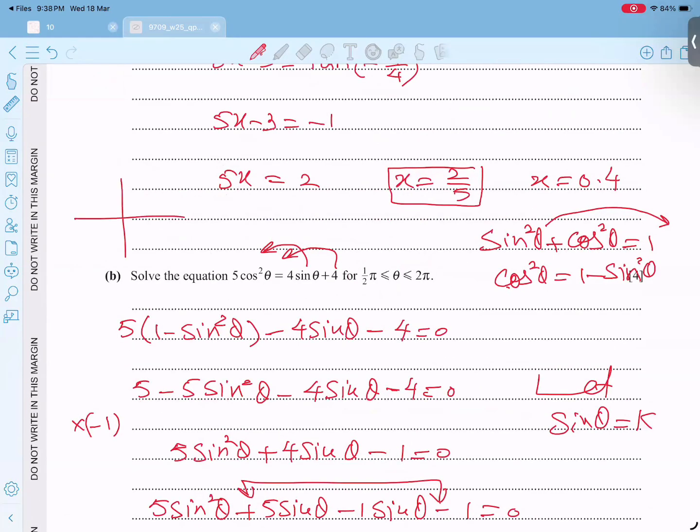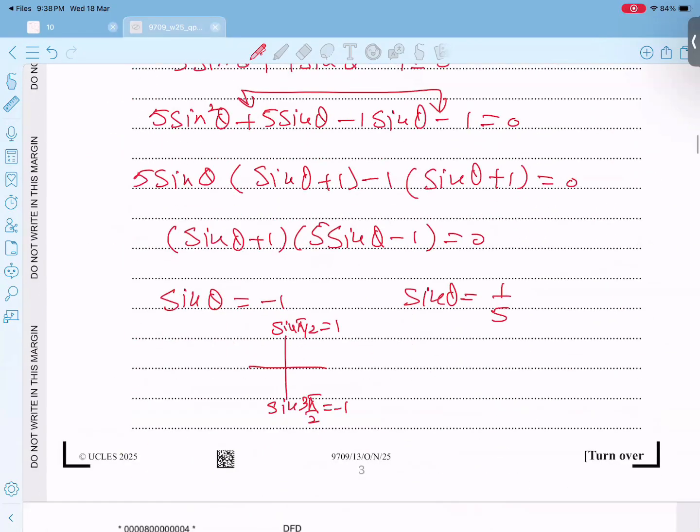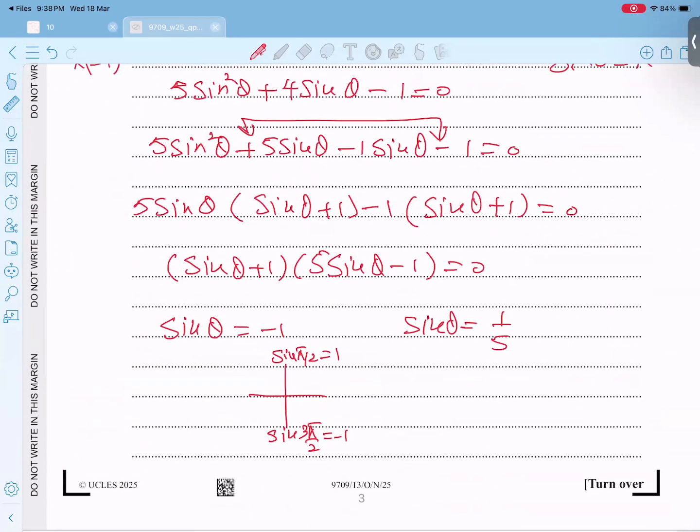Positive pi by 2 is here. What is 2 pi? 2 pi is this. It means from here till here we can have our answer. So positive pi by 2 to 2 pi, we should stay in this boundary: less than 2 pi and more than pi by 2. So we have our first answer.